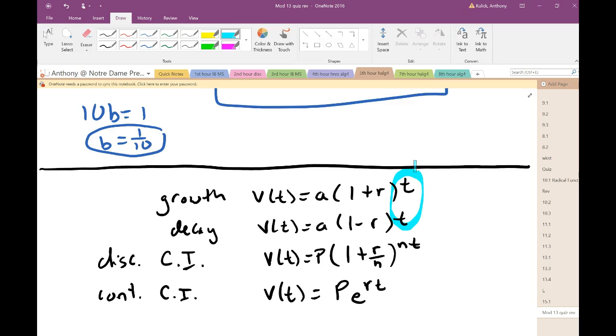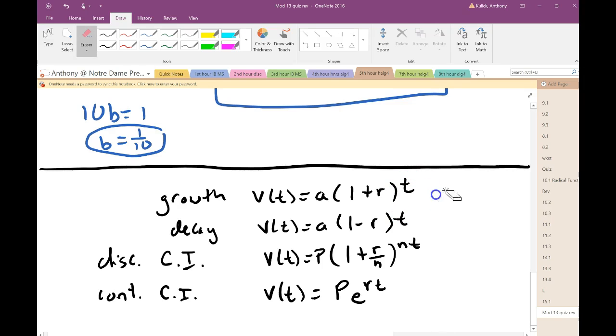If it says it's growing by 7% per 1,000 years, the t is in 1,000 years. So it's like a millennia or whatever. Whatever unit they say the growth rate is, the unit of time t is in. Okay with that idea?